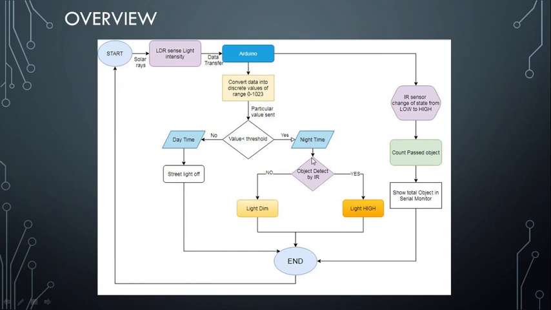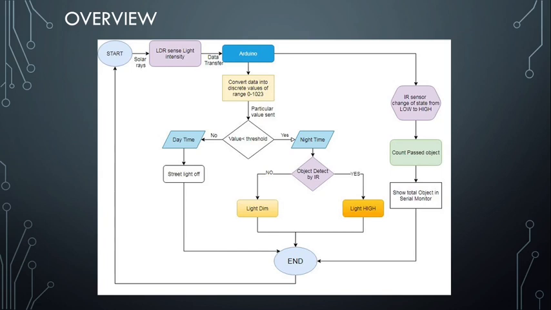If it is night time, then the IR sensor will come into play. If the IR sensor detects an object, then the light will glow with full intensity, that is, the analog value will be 255. If the IR does not detect, then the light will glow at a certain low intensity.